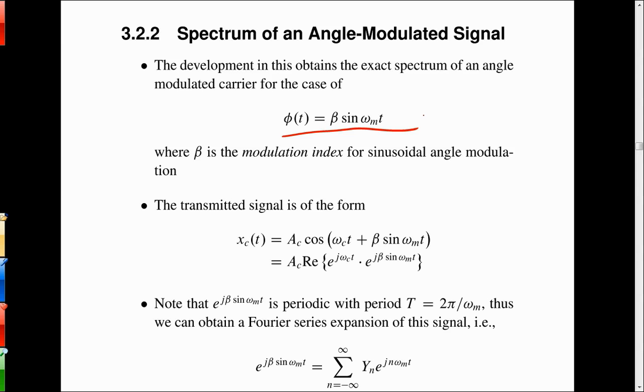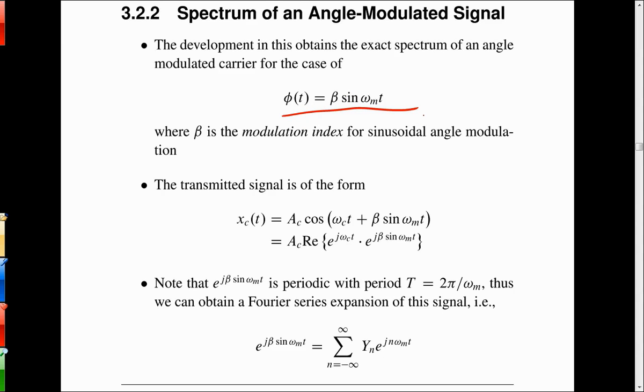So this development will apply whether it's FM or PM. There's just going to be a different constant that pops out, and we'll see that. You get a chance to study this more in the lab too, when you look at the spectrum of an angle modulated or sinusoidal FM modulated signal.